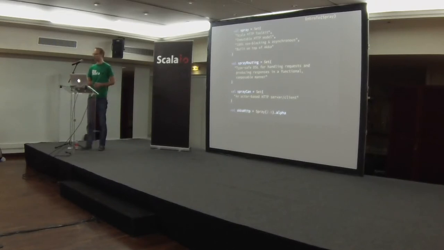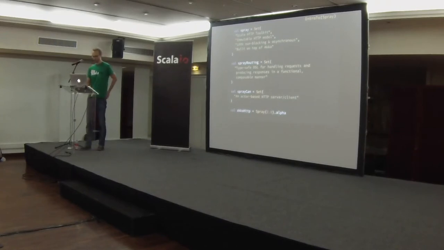Of course, because it's built on top of Akka, it is 100% non-blocking and asynchronous, which means that it's also fast. And it makes it hard to shoot yourself in the foot. Of course, it is possible. Spray routing, what we're going to talk about today, is a module in Spray. In the Akka-Http version, all those Spray modules have been flattened a bit, and there's only the core model and the top-level HTTP module with the routing inside.